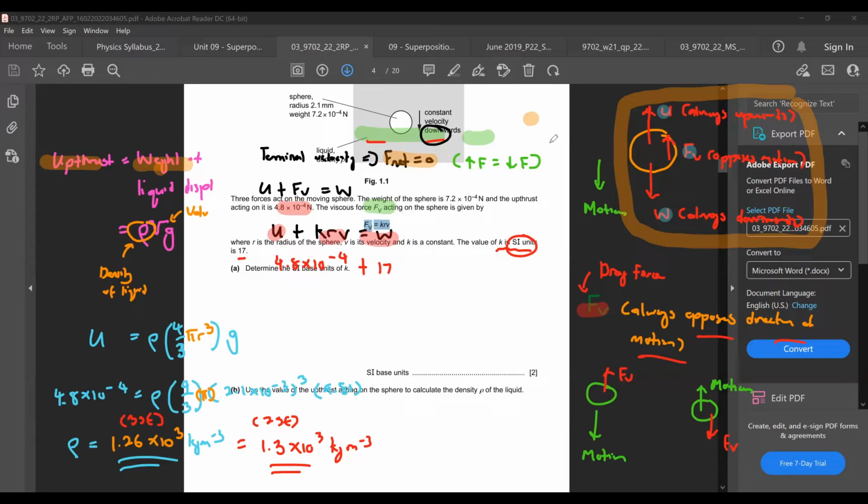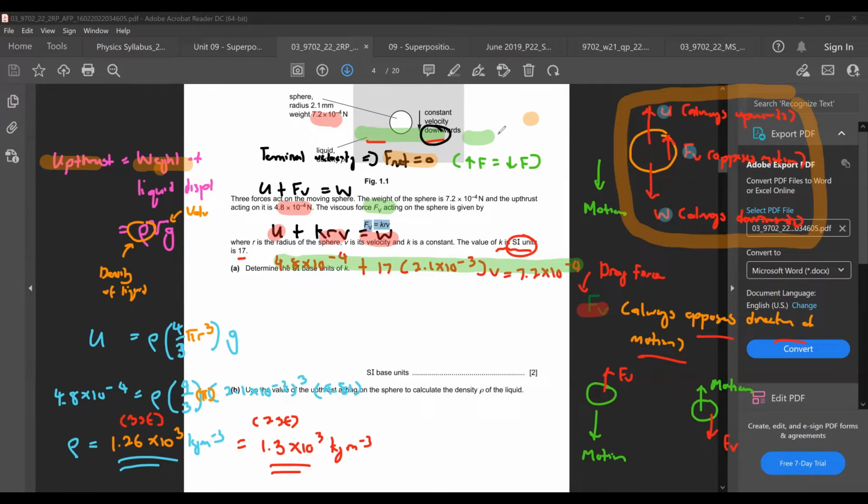Your radius is 2.1 millimeter, so it's 2.1 times 10 power minus 3. Then your weight is also already stated as 7.2 times 10 power minus 4. Now you already have the whole complete picture from which you can find out what is your V.